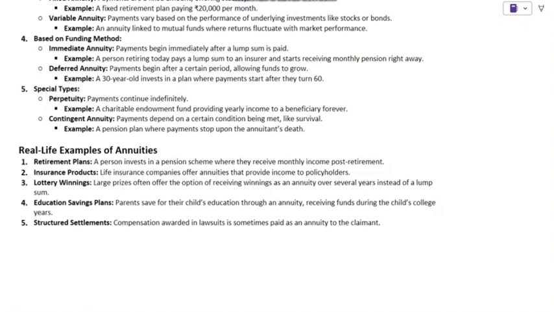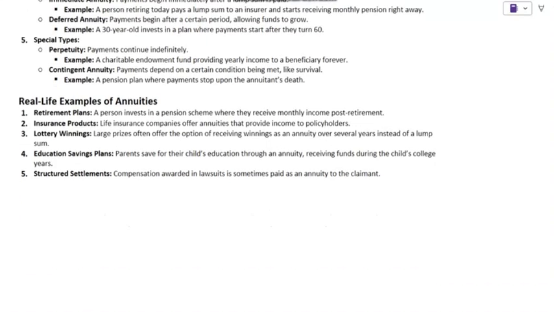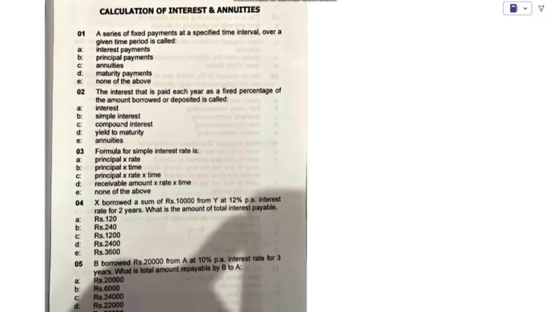Education saving plan: parents save for their child's education through an annuity, receiving funds during the child's college years. Structured payments: compensation awarded in lawsuits is sometimes paid as an annuity to the claimant. Now we are going to discuss some numerical questions in annuities.